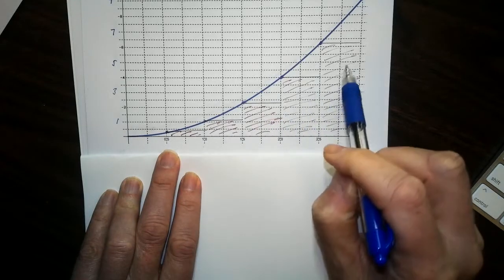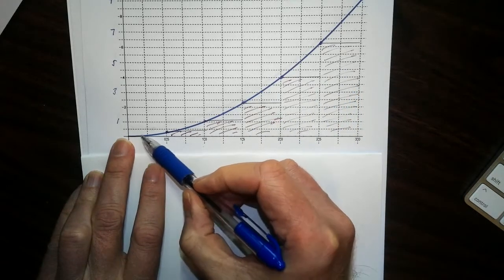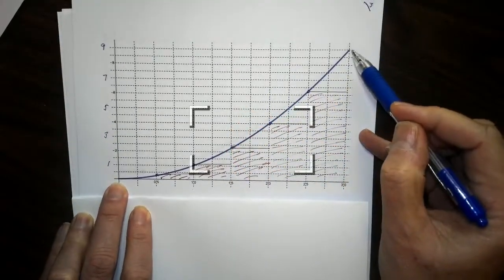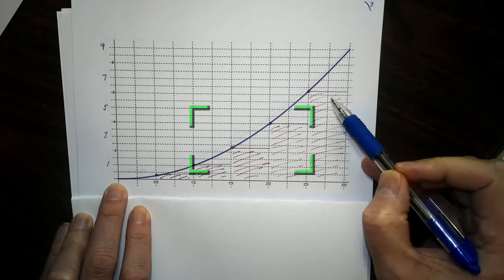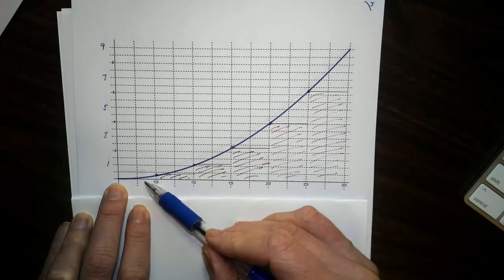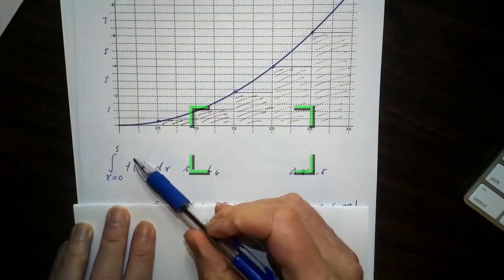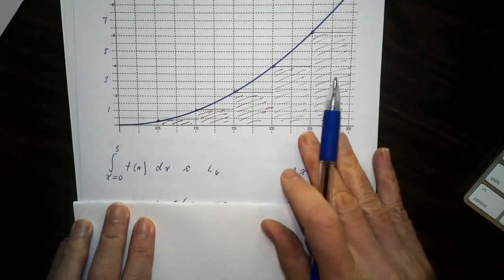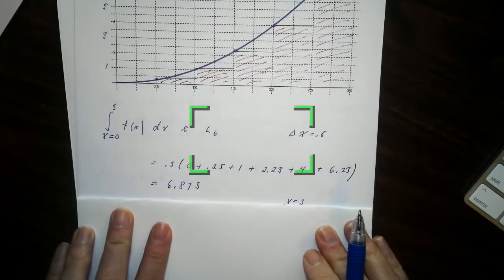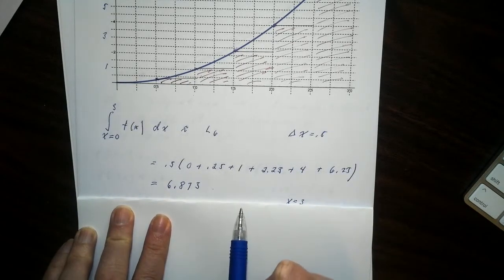Now, the only difference between this and R6 is that I will be using the function output at the first left-hand endpoint, which is 0, and I won't be using the function output at 3. 1, 2, 3, 4, 5, and then there's a 6th rectangle with no area there. So the integral from 0 to 3 is approximately L6, and if I go through the same sorts of calculations, I get 6.875, I believe that is.